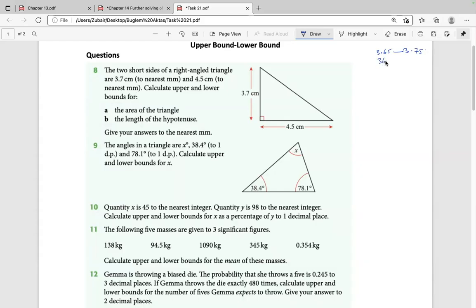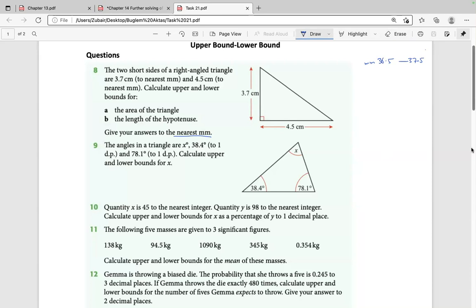So 37.5 times 45.5 divided by 2. Oh yes, the question also says to change into millimeters. So we'll use these values. Now solving for upper and lower bound of areas. So upper bound is 42.5.